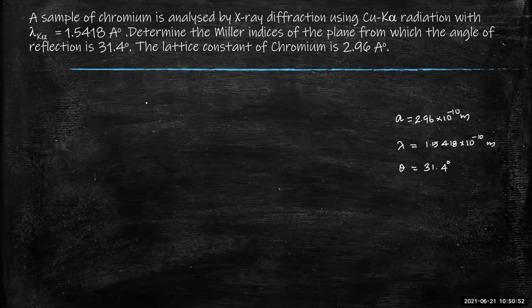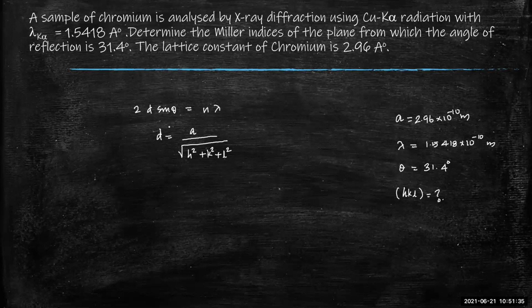Here the main expression is 2d sine theta is equal to n lambda. Here the lattice constant is given, and we know another expression, the relation between d and a. D is equal to a divided by root of h square plus k square plus l square. We have to find the value of the HKL parameters.